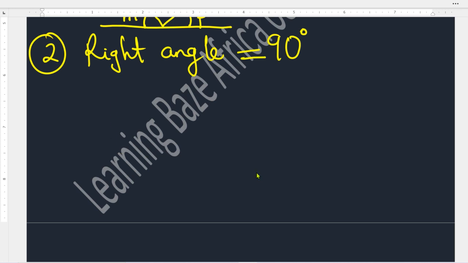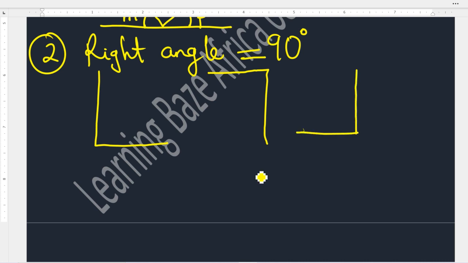A right angle most times is shown as an L, or it is shown the other way around, or it is shown when you turn the L the other way, when it is reversed.